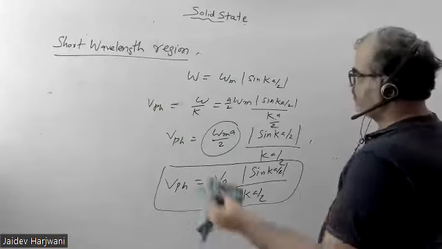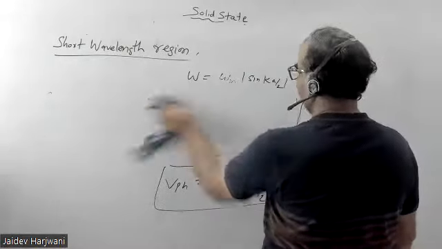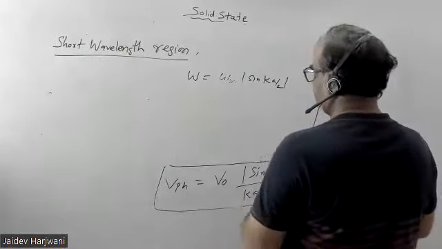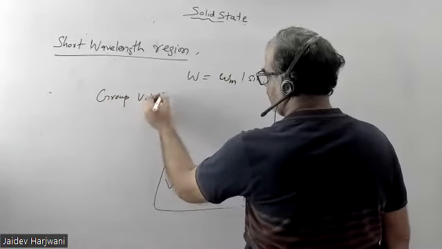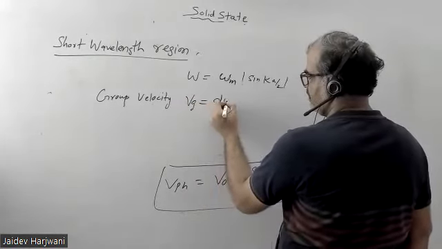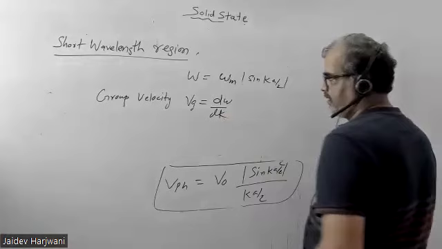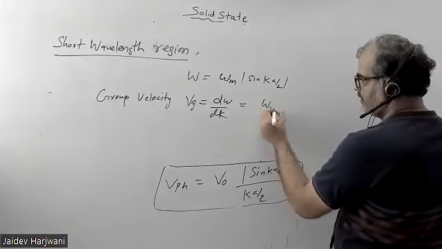Okay, so this was your phase velocity. Now write for group velocity. So I want now group velocity. Group velocity is Vg equals d omega by dk. Differentiate. So this would be Vm.